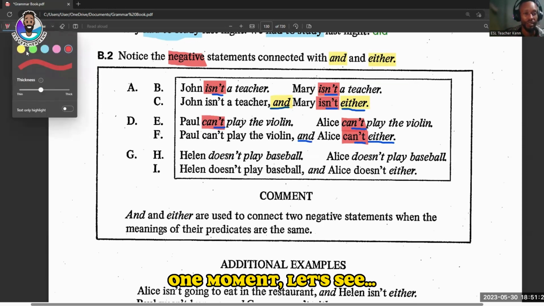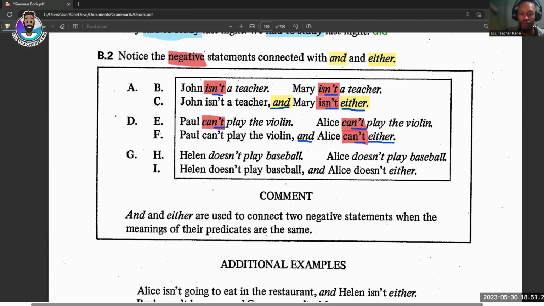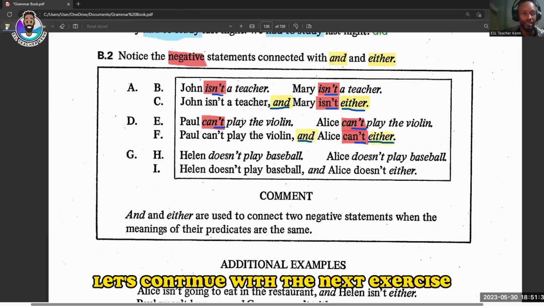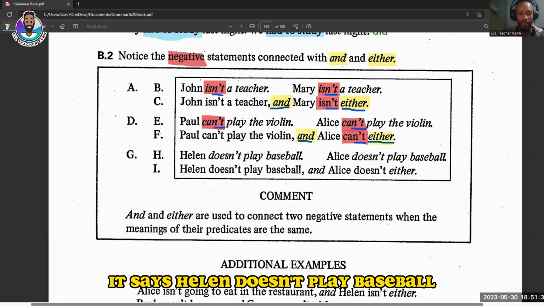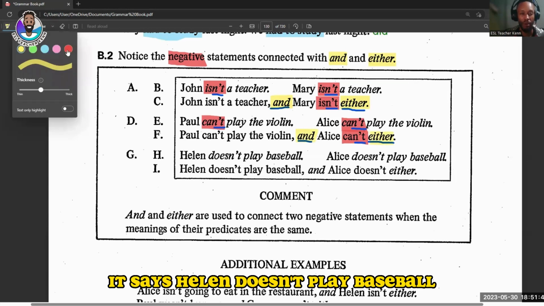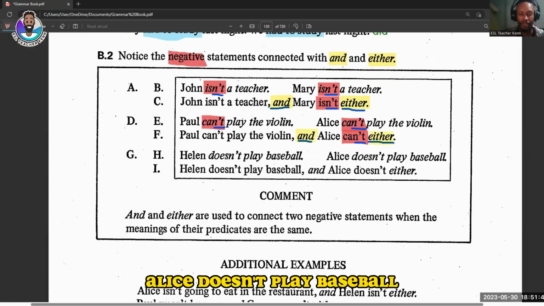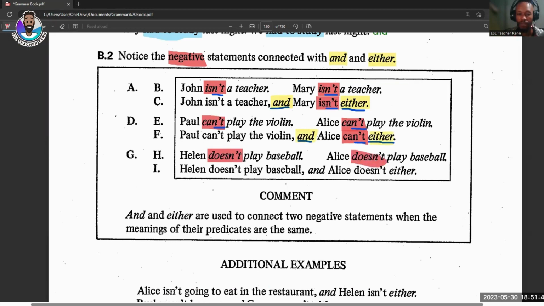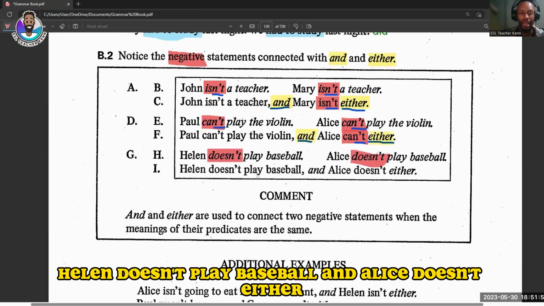Just one moment, see? Okay, good. Let's continue with the next exercise. It says, Helen doesn't play baseball. Alice doesn't play baseball. Helen doesn't play baseball and Alice doesn't either.